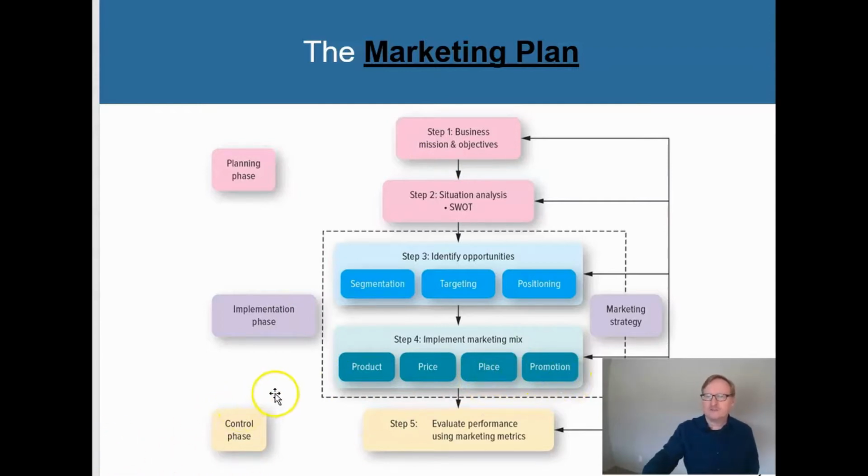Now, we're going to spend the majority of the rest of our time in Module 3 and 4 on these 4 things, because product, price, place, and promotion is really the core of the marketing plan that we all think about. And of course, the last part, the control phase and evaluating our marketing plan. So let's go right into talking.